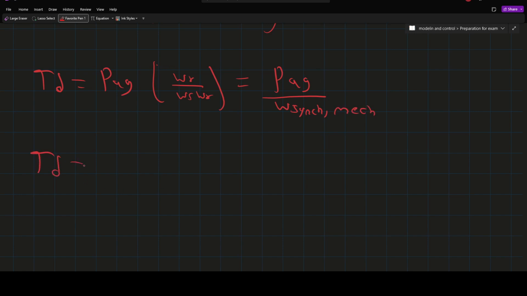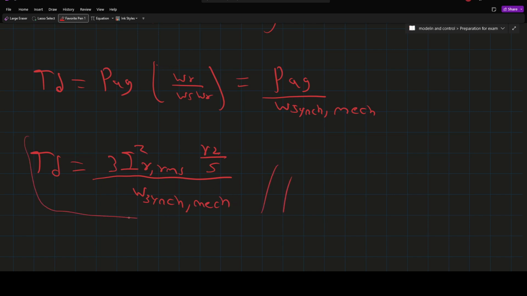So we can say that our power is 3 ir squared in RMS multiplying r2 over s over our omega synchronous in mechanical. So these are our equations for power and for developed torque.